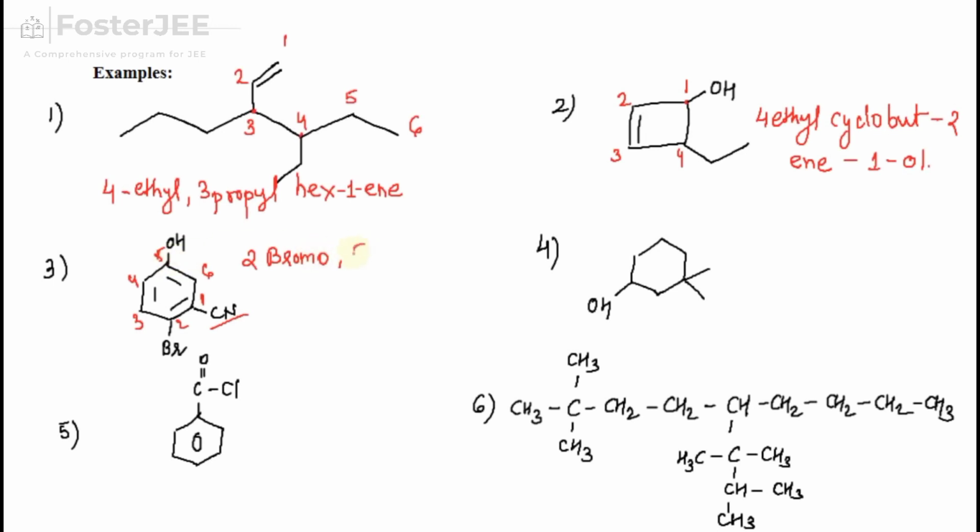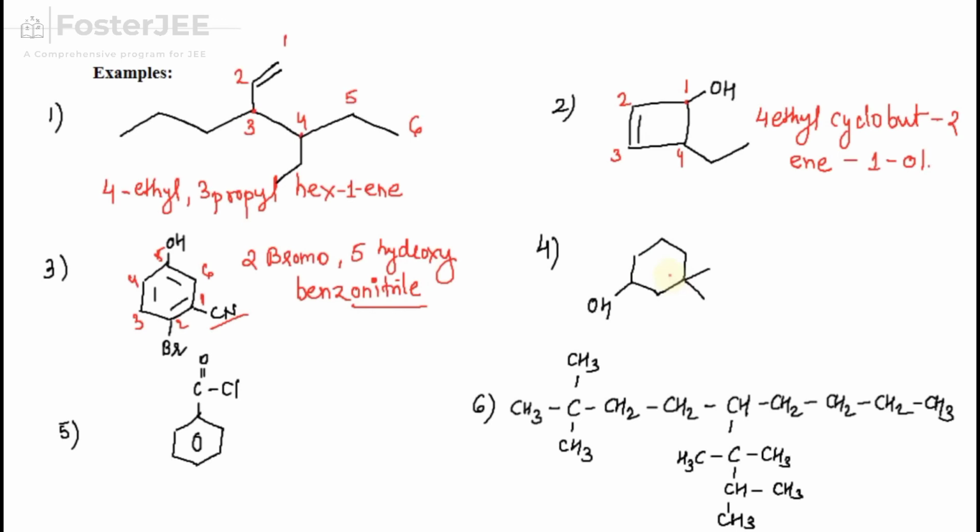So 2-bromo 5-hydroxy benzonitrile, because the suffix for cyanide is nitrile. So the name of the compound is 2-bromo 5-hydroxy benzonitrile.